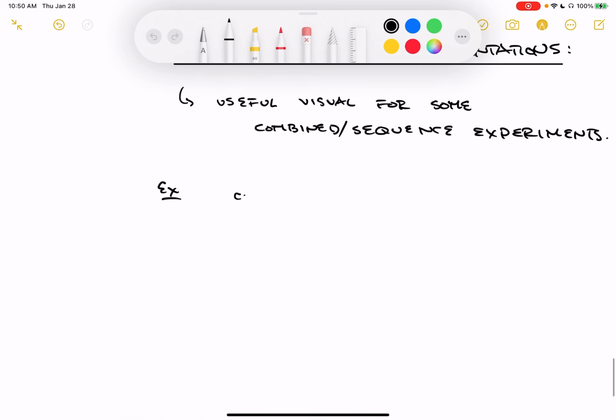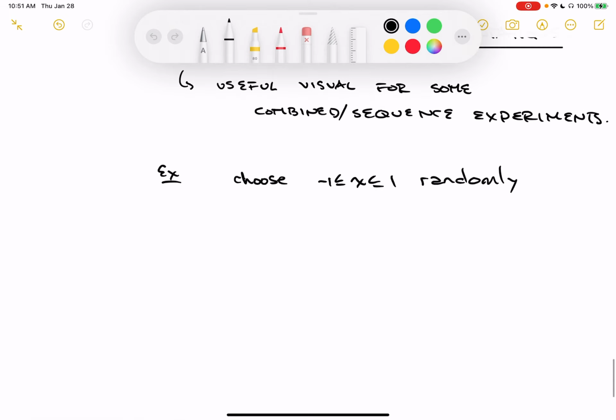So I'm going to choose, let's say, my horizontal -1 less than x less than 1 randomly. I'm going to choose x such that it just falls on an interval -1 to 1, something along those lines. So that's kind of like my A experiment, and then I'm going to follow that, so that's the sequence, to some B, and I'm going to choose another random variable, and it's going to go from 0 less than y less than or equal to the root of 1 minus x squared, and I'm going to do that randomly.